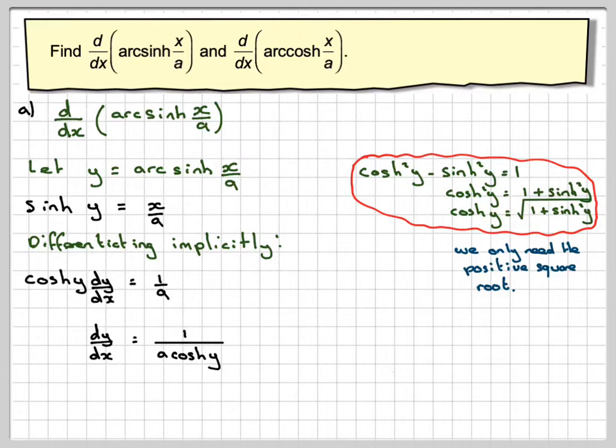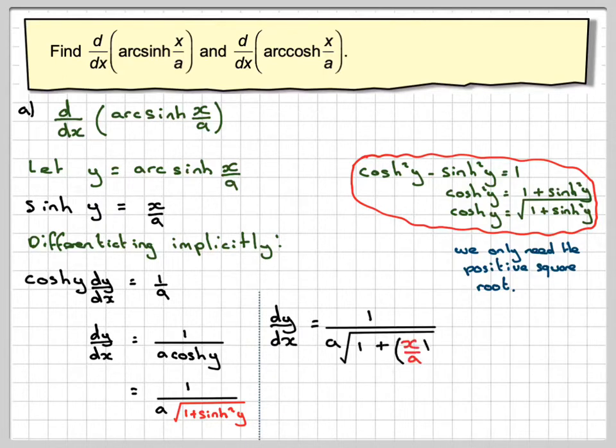Right, so now replacing cosh of y with this, we get 1 over a times the square root of 1 plus sinh squared of y. Now, sinh of y is x over a, so sinh squared of y will now become 1 over a square root of 1 plus x over a, all squared.